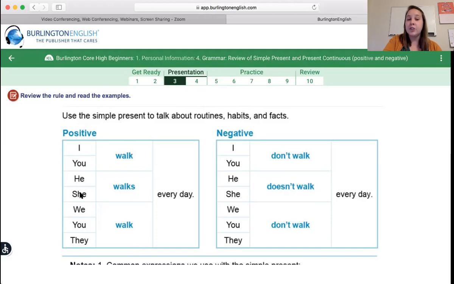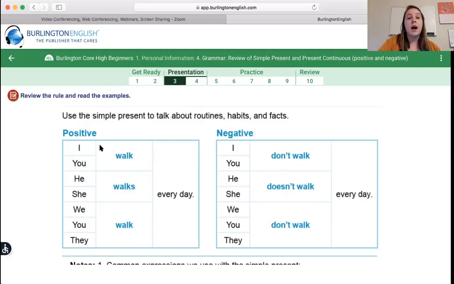It's just he and she that gets that extra S. But don't think about it so much. Just get used to hearing it. Just be aware that it is there. Then with the negative, we are just adding do not. So do not, and then it contracts to don't.